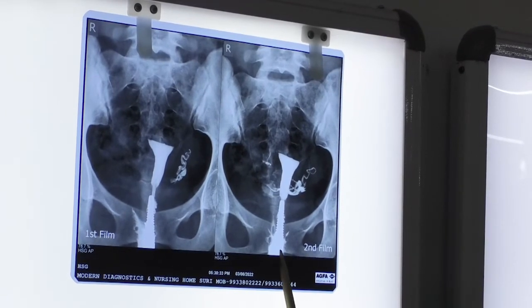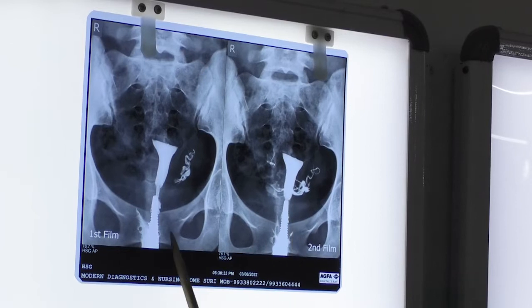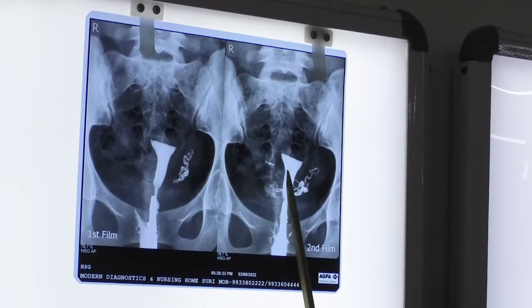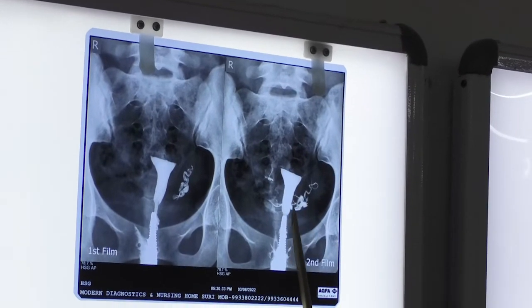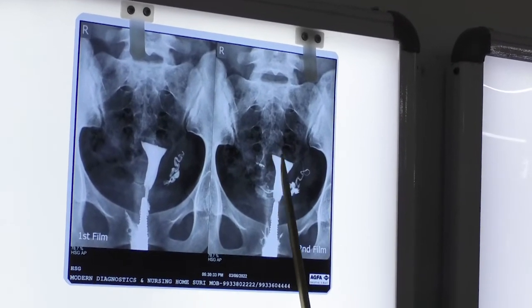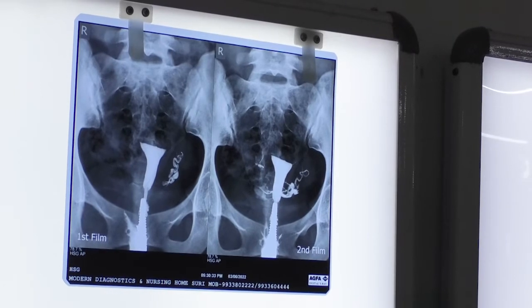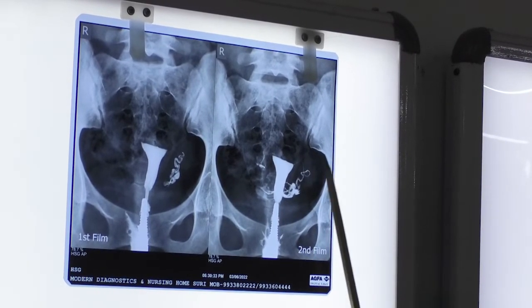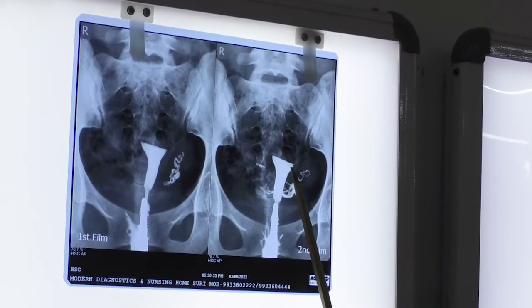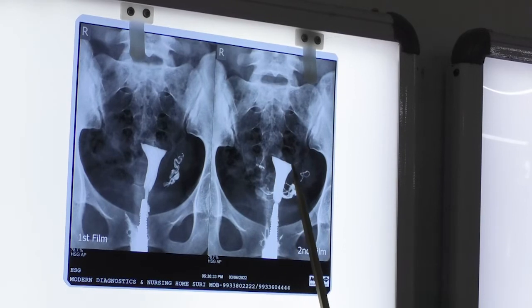Here we can see one dye is pushed through the cervical canal, and you can see the image of the uterus. The upper part is muscular, the fundus.